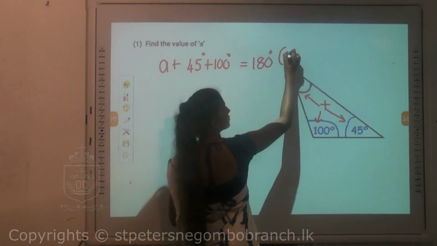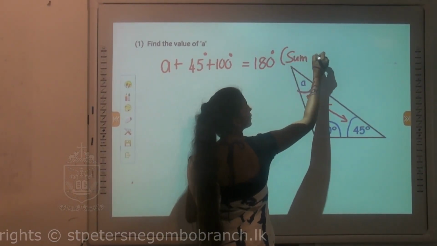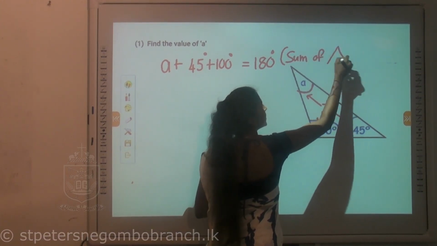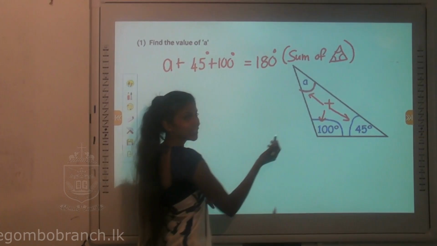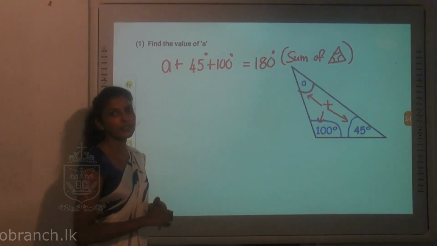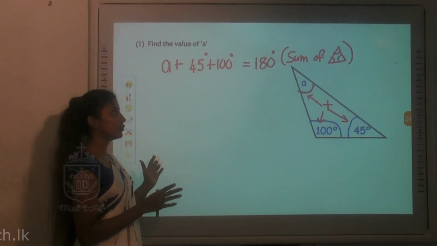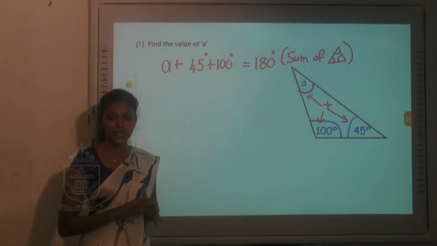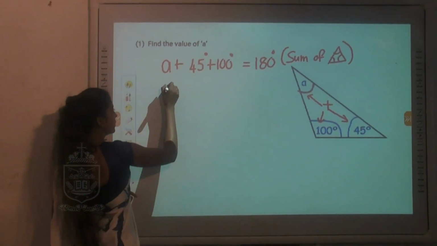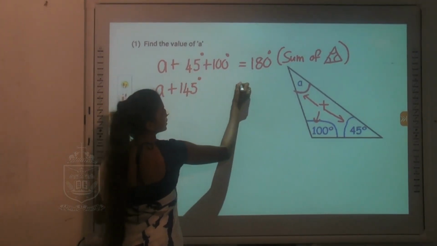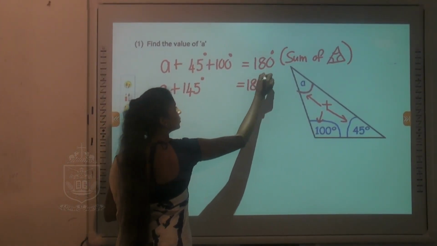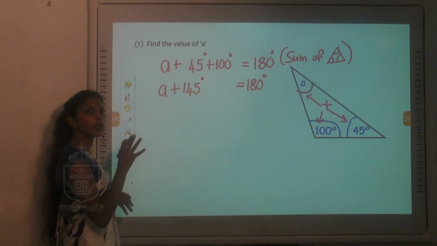That is sum of the interior angles. I am going to denote it like this. So triangle is drawn, interior angles are represented. That is the reason why you equal all three angles to 180 degrees. Once you add the left side, you will get 145 degrees here and 180 degrees here. Then you need to cancel this 145 from this side.